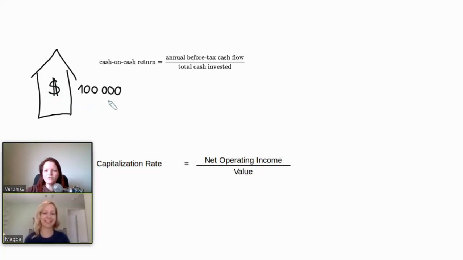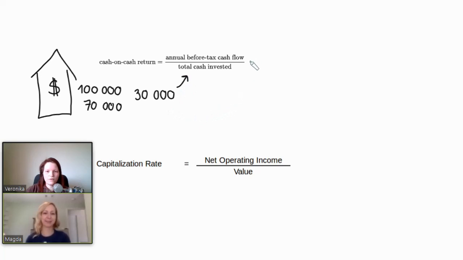So a $100,000 investment, but maybe you don't actually buy for 100,000 because you don't have the money. We might have a mortgage, and maybe we pay only 30,000 in. It really depends on our situation, but it is about the total cash invested.